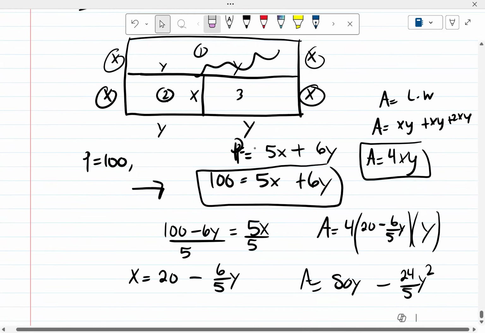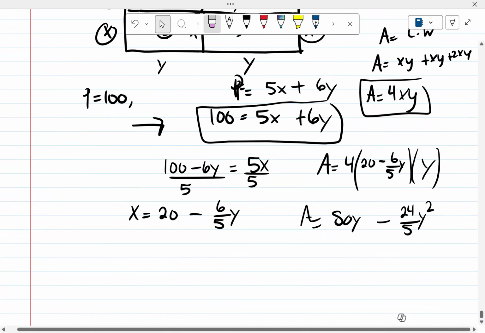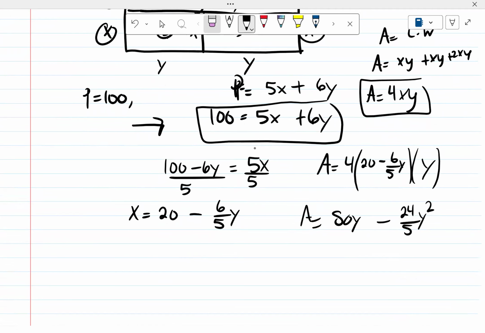Then what I'm going to do is take the derivative of these terms. So the derivative of 80y is 80. The derivative of negative 24/5 y squared is negative 48/5 y.